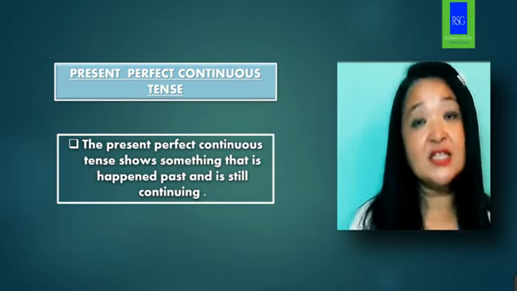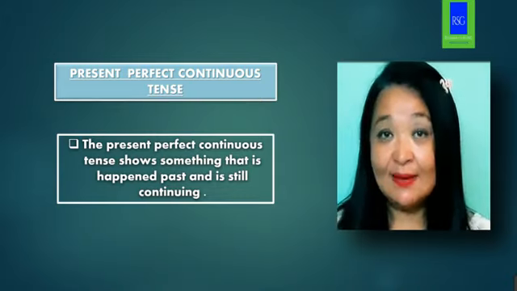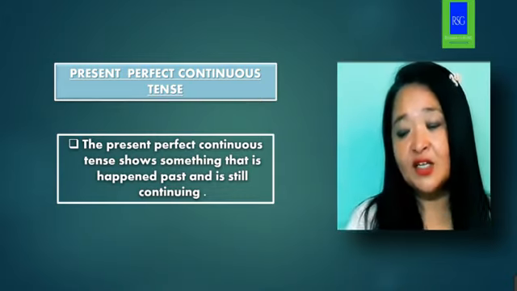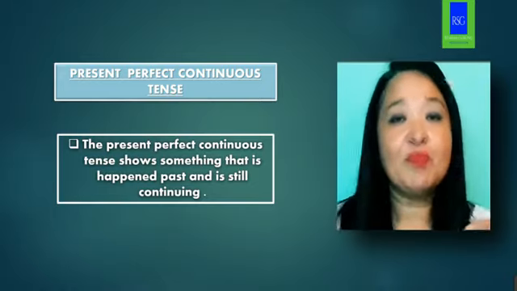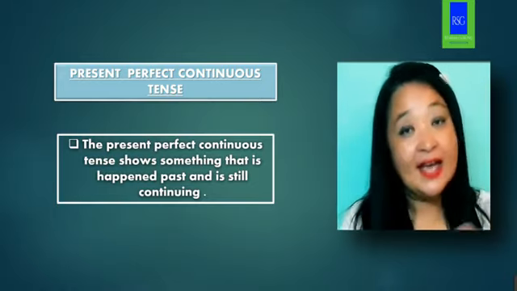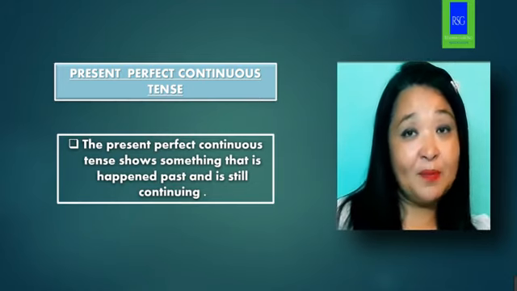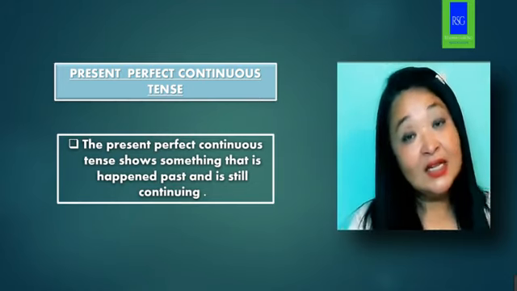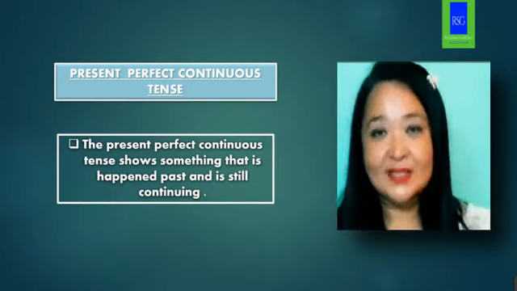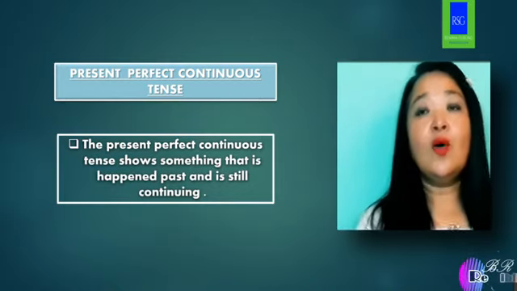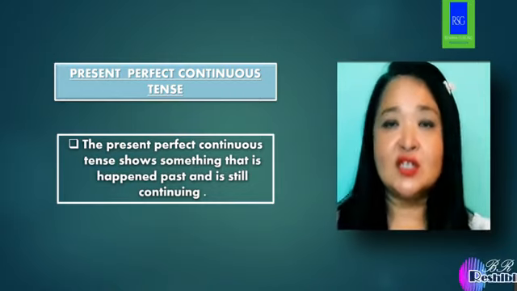A present perfect continuous tense shows any action that has started in the past and is still continuing in the present.